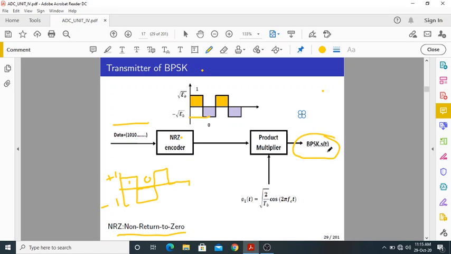Here S of t can be root EB into phi 1 of t or minus root EB into phi 1 of t, depending upon which symbol is being transmitted. So this is simply the transmitter, or generator, of BPSK. We have an encoder followed by a product modulator, or product multiplier, with something like a carrier. Clear? The message signal is multiplied with the carrier, and you get a modulated signal.